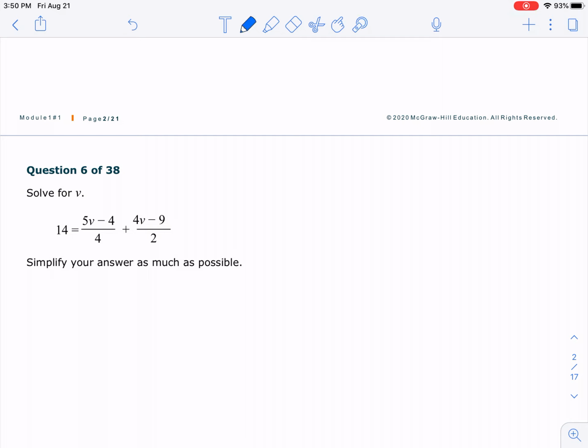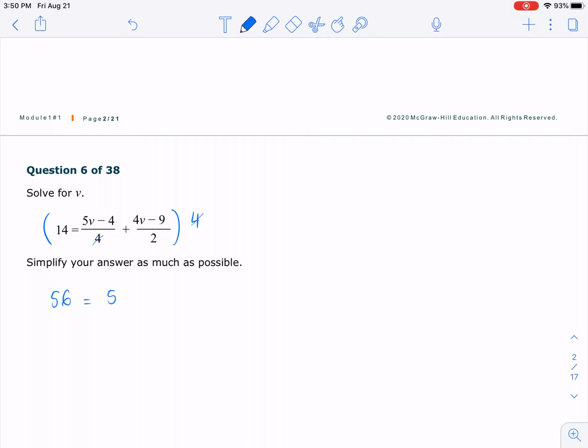So let's do the same thing. I'm going to multiply everything by the LCD, which is 4. So I'm going to multiply 4 by 14, so we got 56 here.